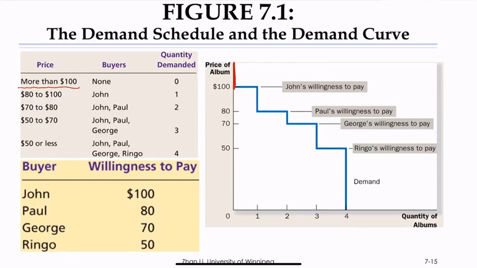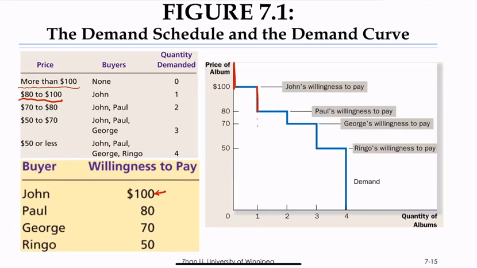Now let's look at the case of $80 to $100. Now in this case, we're looking at this vertical curve. And in this case, you can see that if the price is 80 to 100, then John would buy it, right? So you will have a quantity of 1.